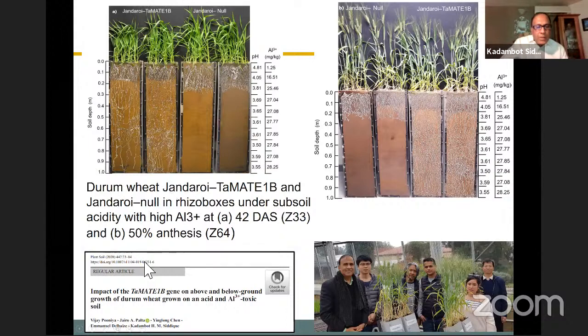So one of my colleagues from CSIRO, Manny Delhaize, has been moving genes by backcrossing, genes they obtained from Brazil. Brazil has a lot of acid soils, and that's called the TaALMT1 gene. He put the gene into one of the Australian varieties, Jandaroi, and look at that, magic. Look at that, they were able to grow. Look at that, the root just stopped growing.